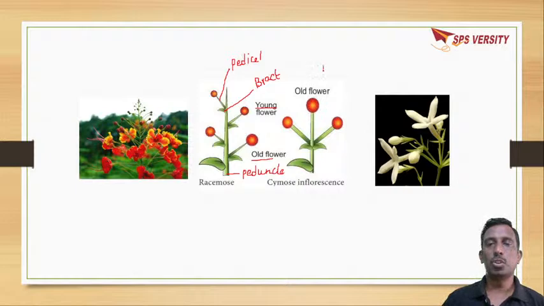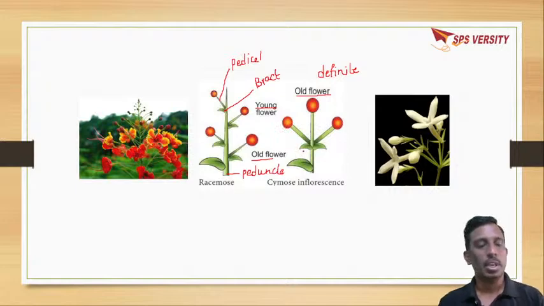That's why it shows a definite growth. So here older flowers are present at the top and younger flowers at the base. Okay. So this is how the arrangement of flowers is seen in racemose and cymose.